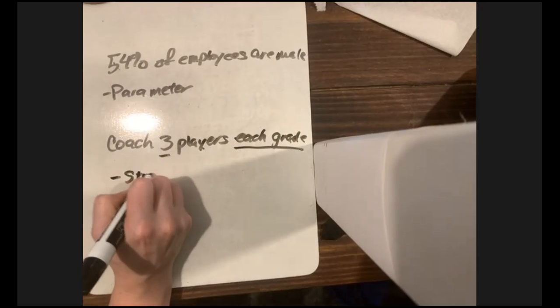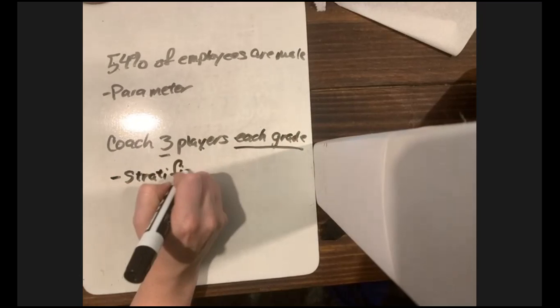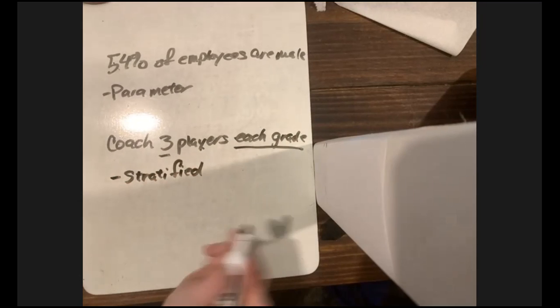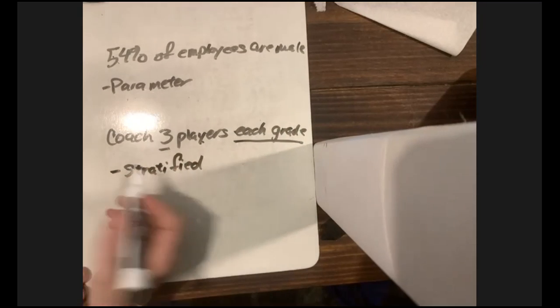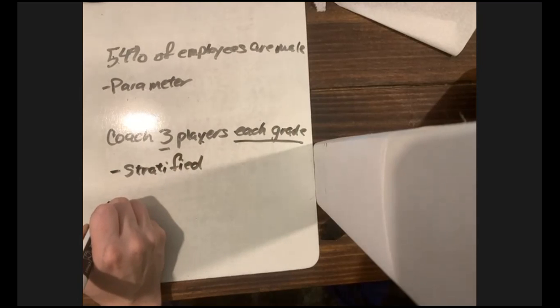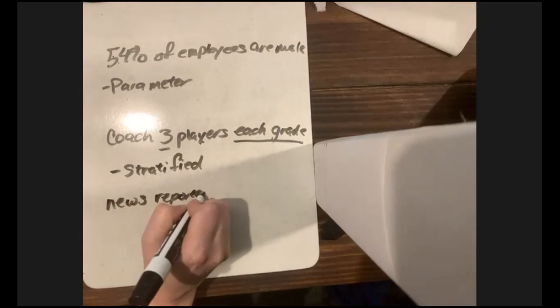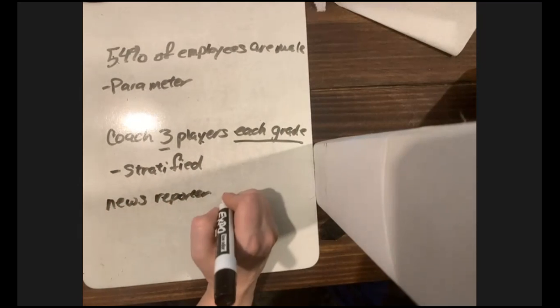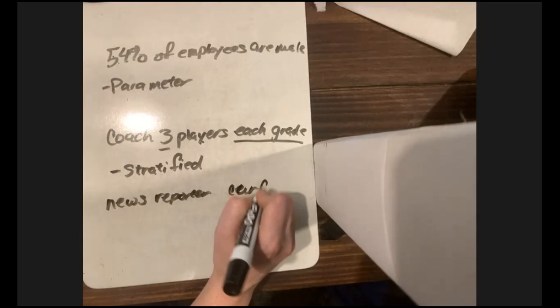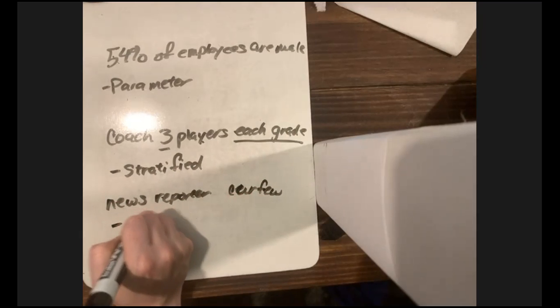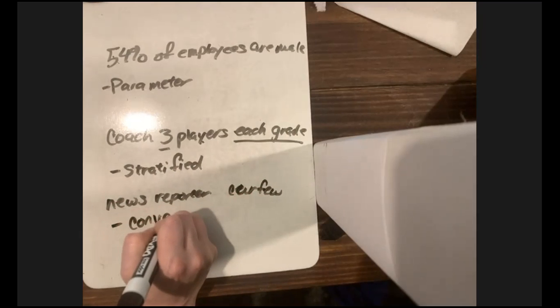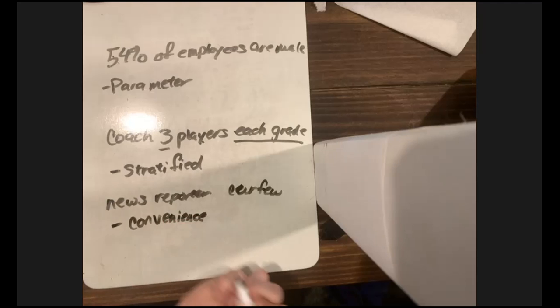So that is going to be stratified. Next one, we've got the news reporter asked everyone at the convenience store about the curfew. This one is going to be convenience.